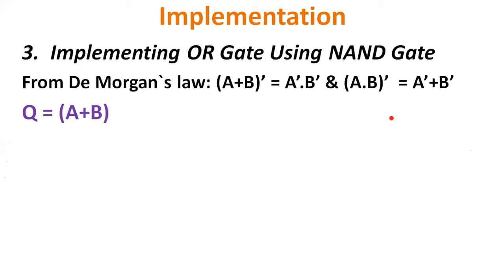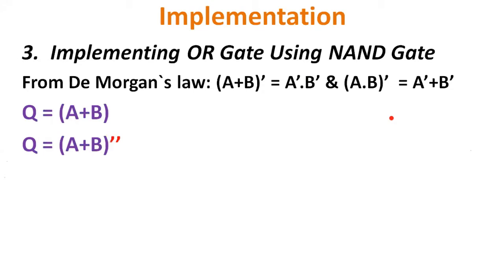Bar of product is the NAND gate, and here we have to convert A plus B into bar of product. How is it possible? Using De Morgan's law, we can write simply double bar of A plus B.